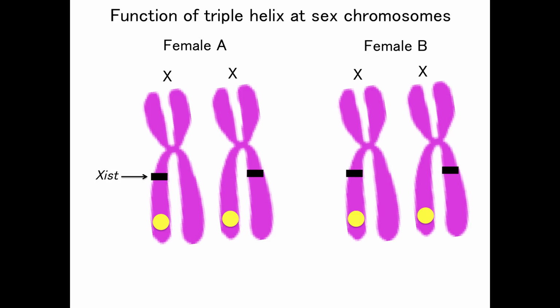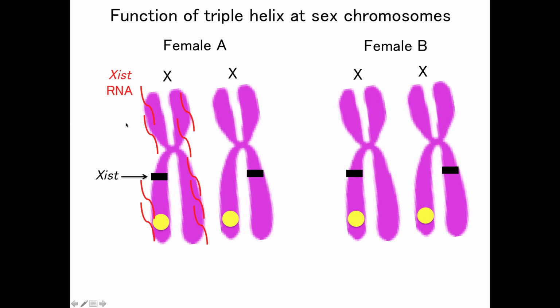Where is this triple helix formed in the nucleus? This is the XX chromosome. You know that in the case of the XX chromosome, one side is inactive and the other side is active. So how is the active side or inactive side selected? From one side, RNA is transcribed, and this RNA expands to the other strand.